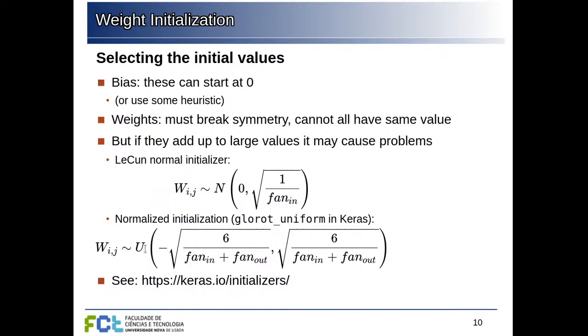And it uses a uniform distribution ranging from minus the square root of 6 over the sum of these fans to plus that value. So this, I think, is the default currently, and it calibrates the initialization of the weights according to how many inputs and how many outputs are involved in each particular neuron.